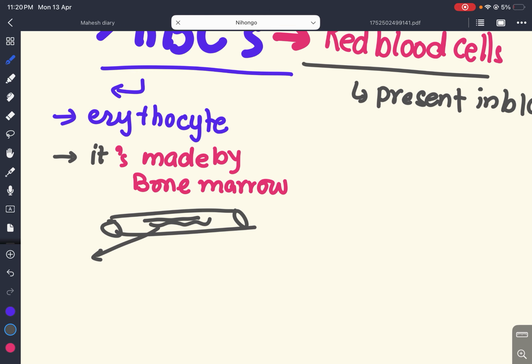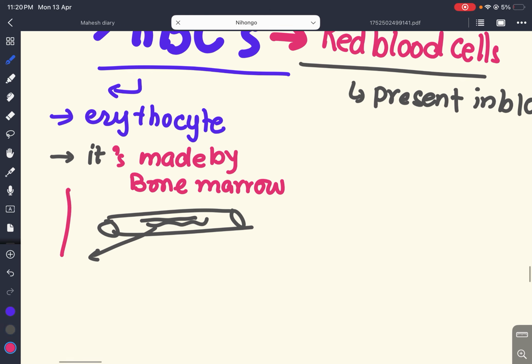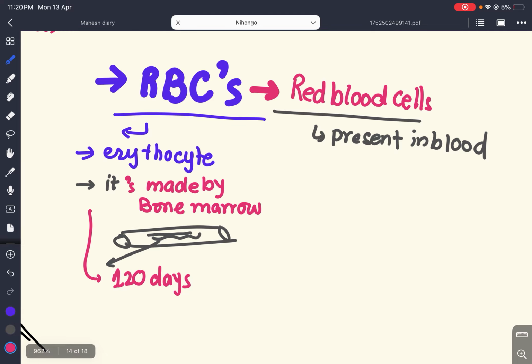One more thing about RBCs is they have a lifespan of about 120 days. You should not know this. This is not included in the syllabus. You might expect that this is going to come in February. No, it's not. It's just the basic introduction to RBCs that an O-level student should know.